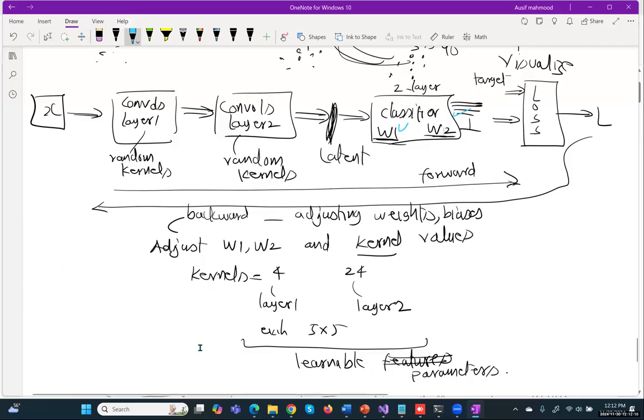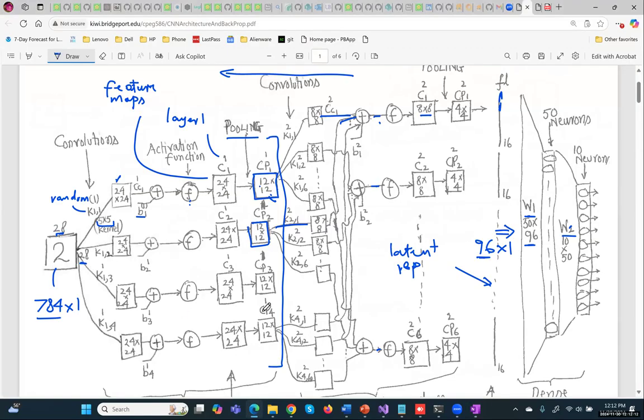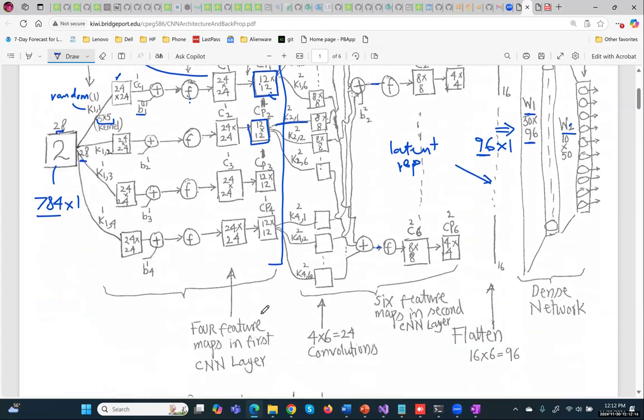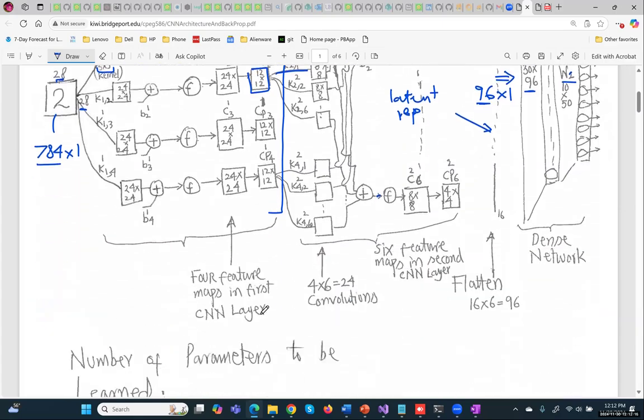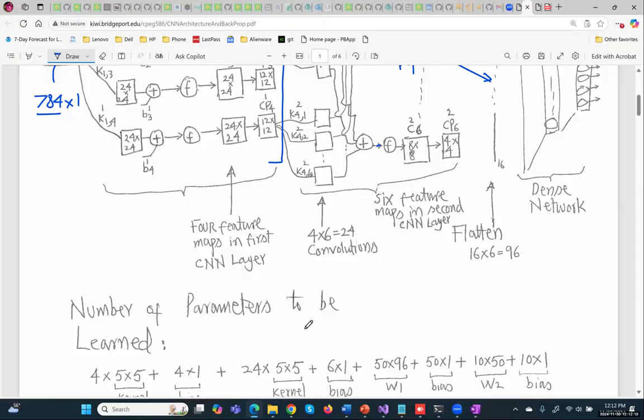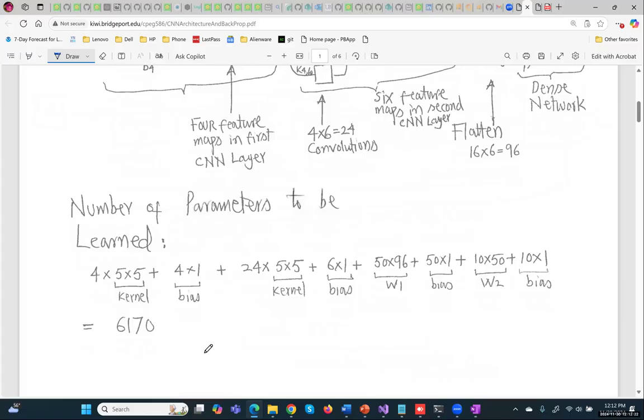So if I show you what is the total size of the network, okay. Number of parameters to be learned, you will see in the handout. So in the first layer, 5 by 5 is the kernel. And how many were there? 4. 4 biases, okay.